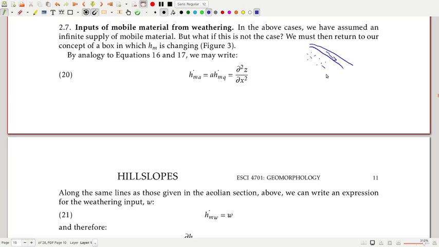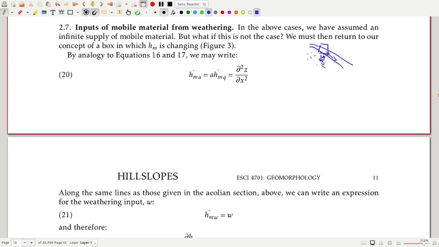So if we want to understand how this whole system works together, let's return to this box analogy that I had. So where we look at some box along the hillslope and think about what's going in and what's going out. One difference, though, is that with the aeolian processes, we could talk about how the actual elevation of the surface was changing, because we were putting stuff into the top or taking it off the top.